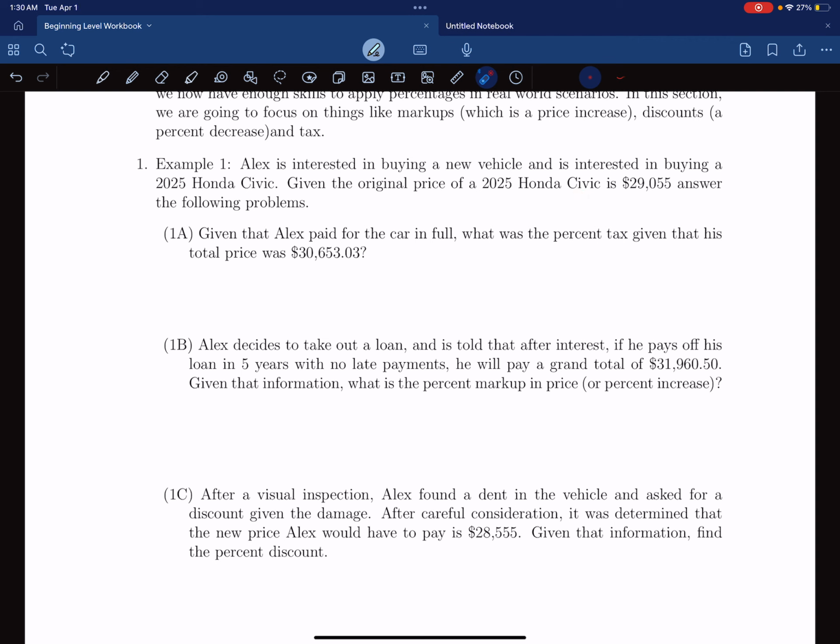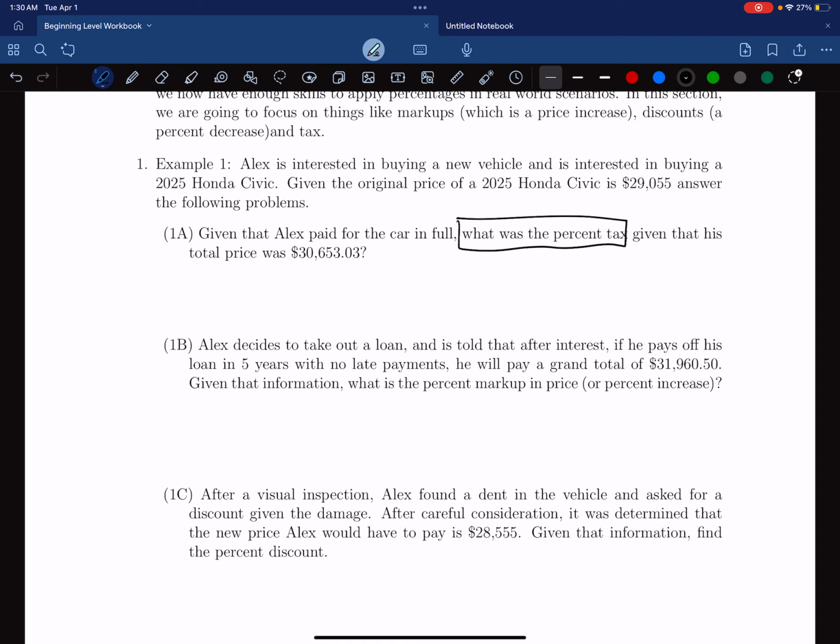For this first problem, given that Alex paid for the car in full, what was the percentage tax given his total price was $30,653.03? So we want to know what was the percent tax. I'm just going to box that question. That's all we want to know.